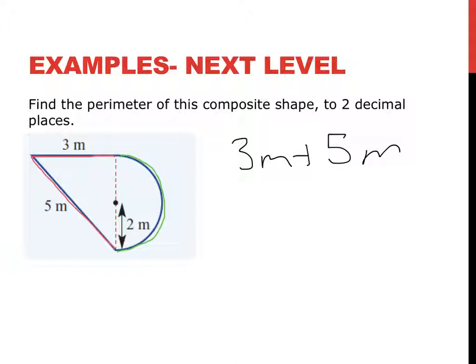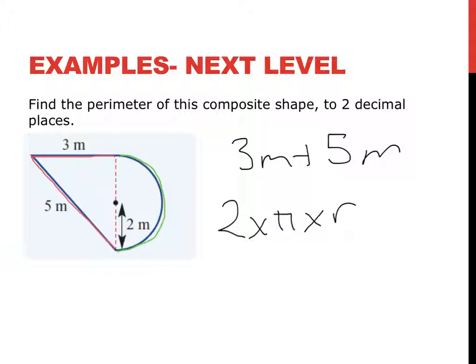Now, 2 times pi times r will give me a whole circle. I get given my radius, so based on the information I already know, 2 times pi times my radius will get me a whole circle. Now, I only want half a circle.